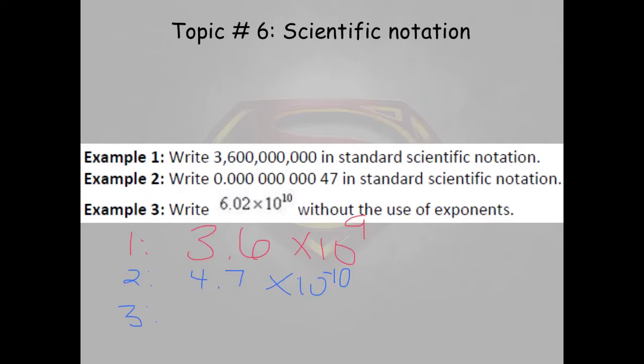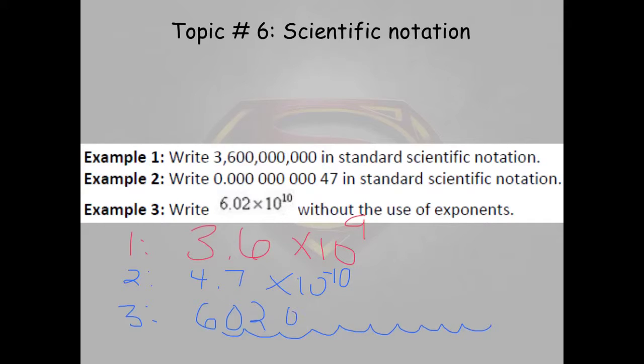Alright, number 3, this is kind of reverse. Instead of writing in scientific notation, we're writing it in standard form. We start off with the 602. The decimal is currently located here. We're going to move it 10 spots to the right. So that would make it 1, 2, 3, 4, 5, 6, 7, 8, 9, 10.